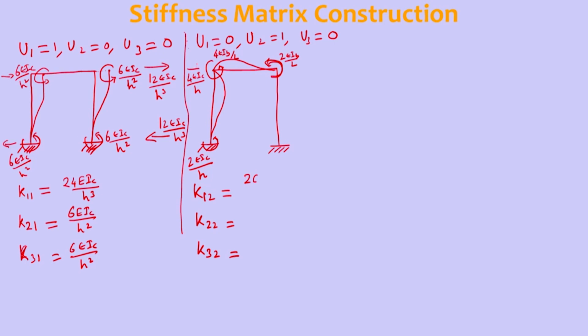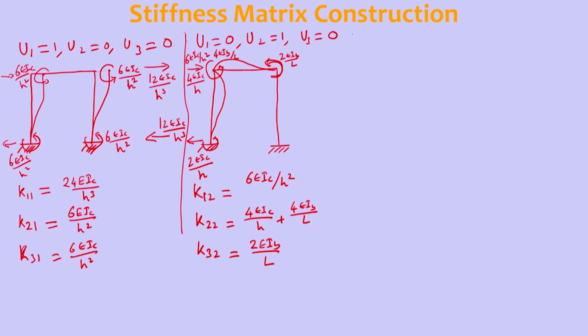So we need to produce a force which is 6 EI column by H square. So K12 is 6 EI column by H square, and K22 is the addition of these two moments, 4 EI column by H plus 4 EI beam by L, and K32 is 2 EI beam by L.